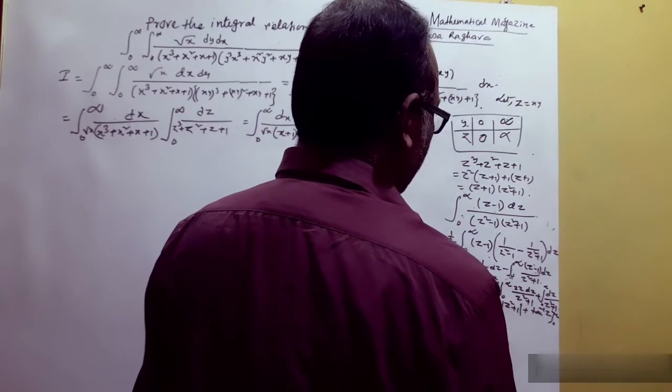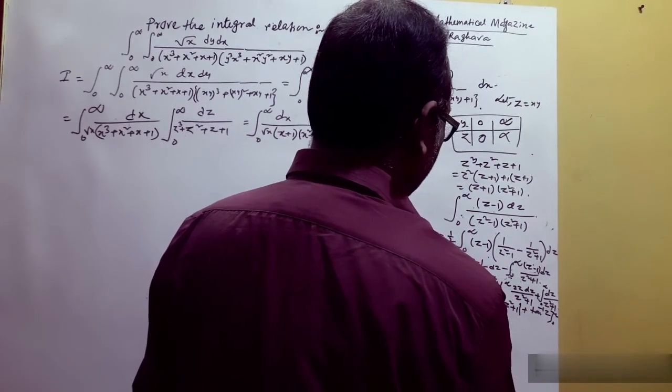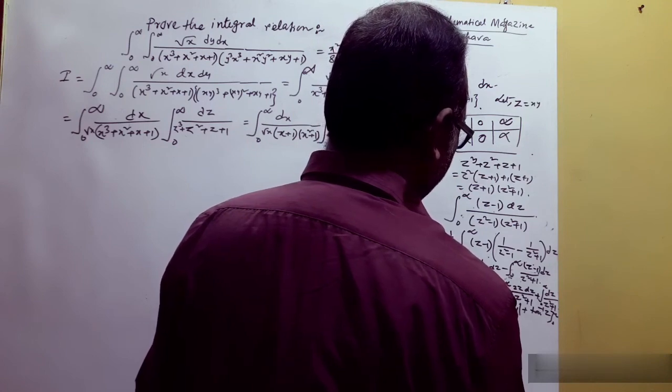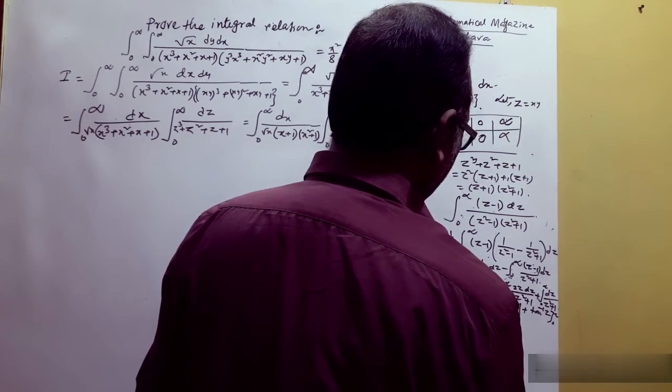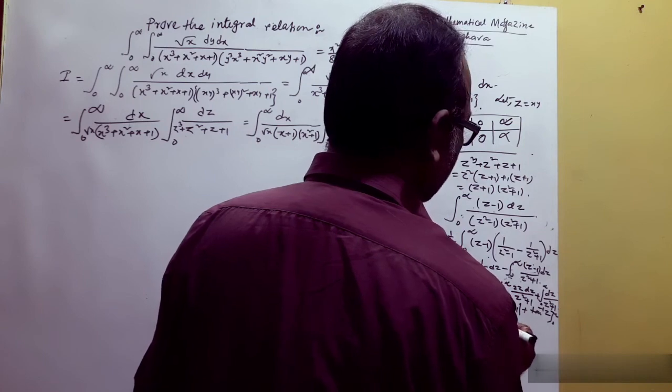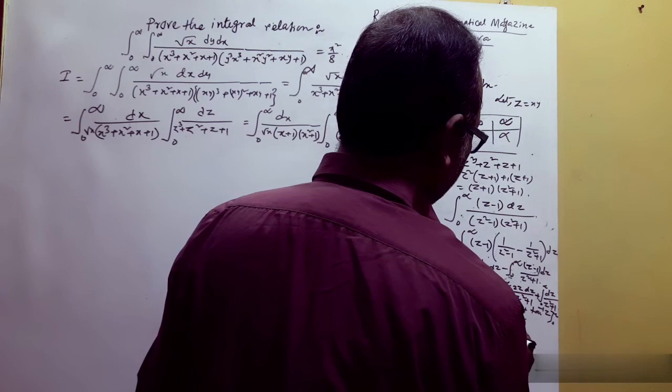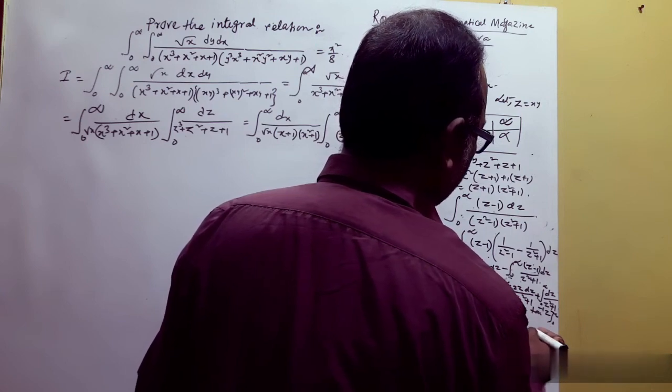So for that, half of ln mod z plus 1 whole square by z square plus 1, and tan inverse z, from 0 to infinity.